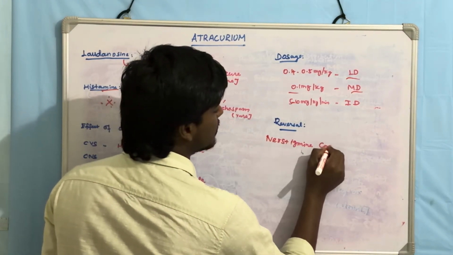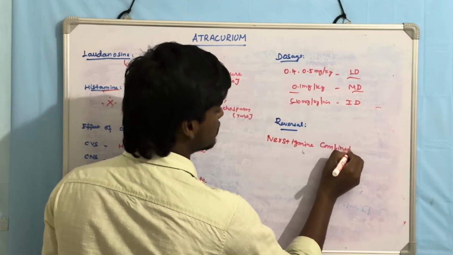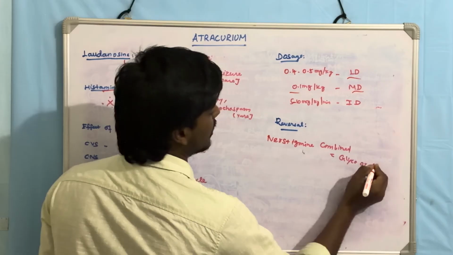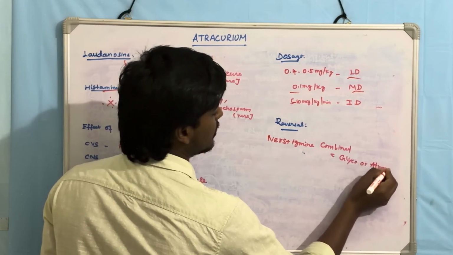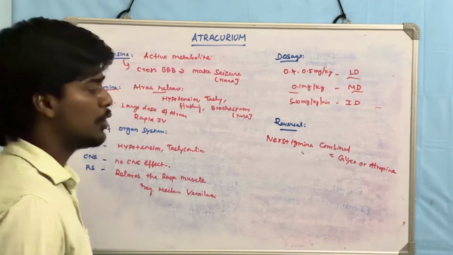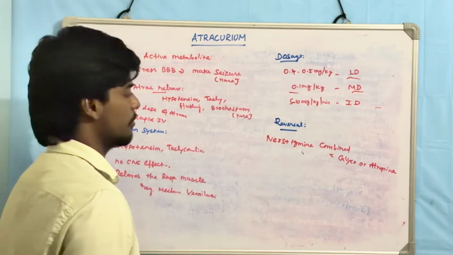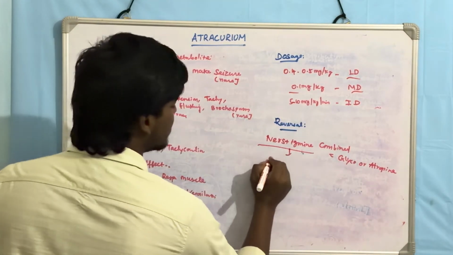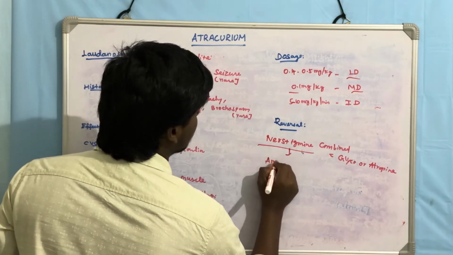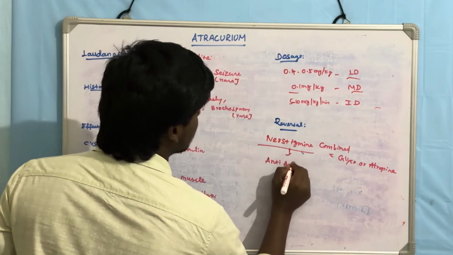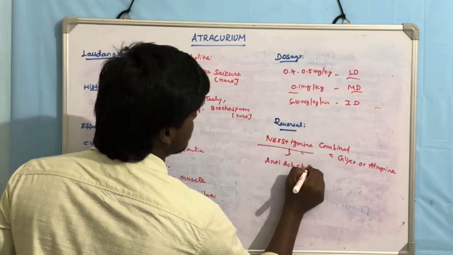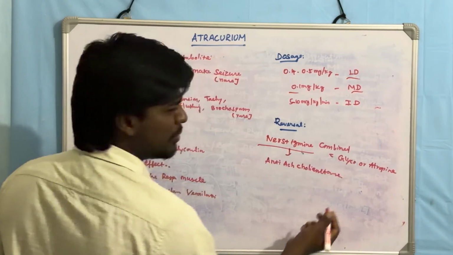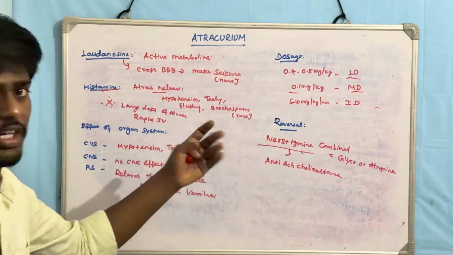It's combined with glycopyrrolate or atropine. These are anticholinergic drugs to reduce the complications of neostigmine, especially bradycardia. Neostigmine is an anticholinesterase. In a previous video, we learned about the mechanism of action of neostigmine also.